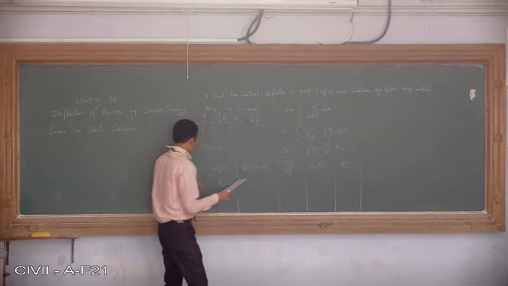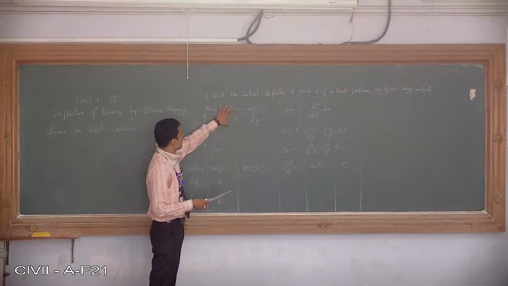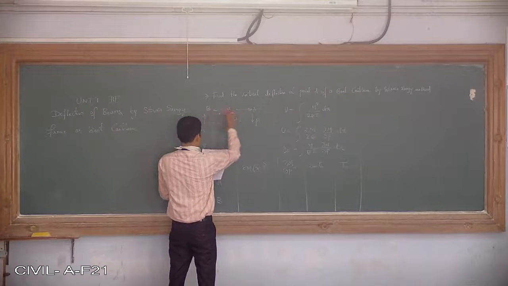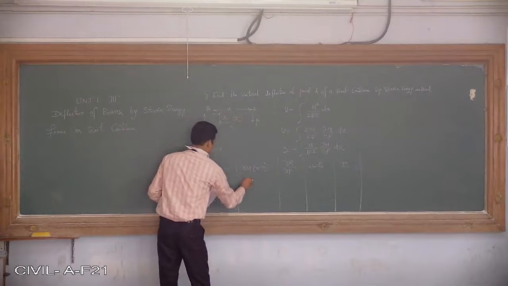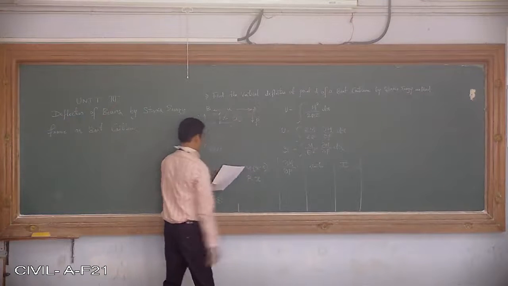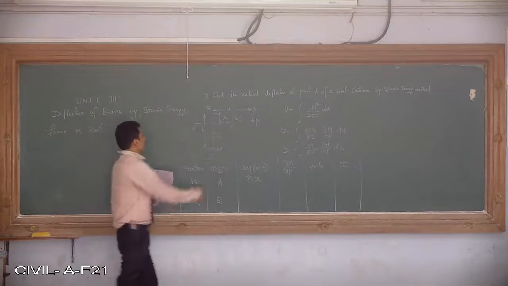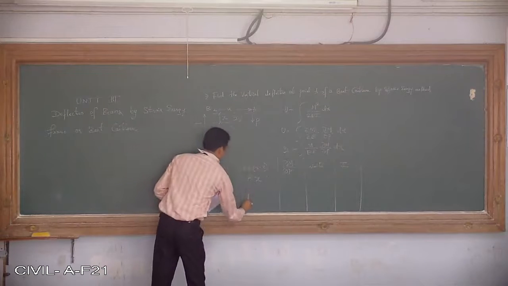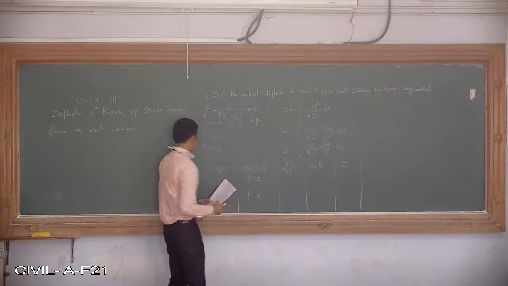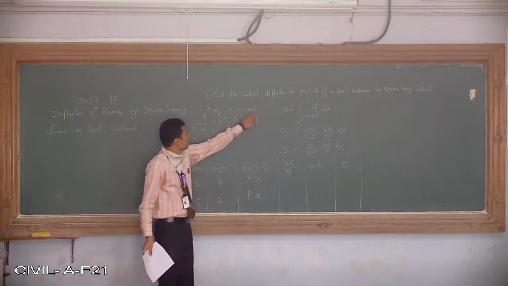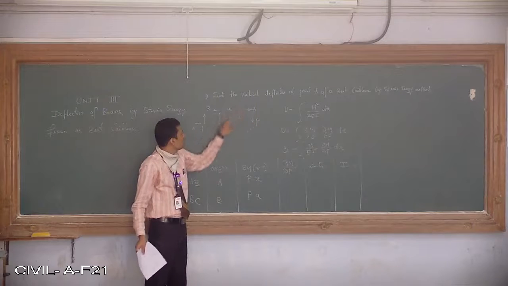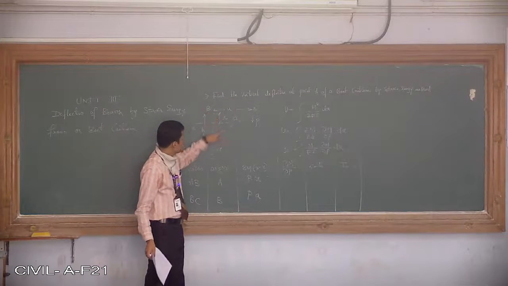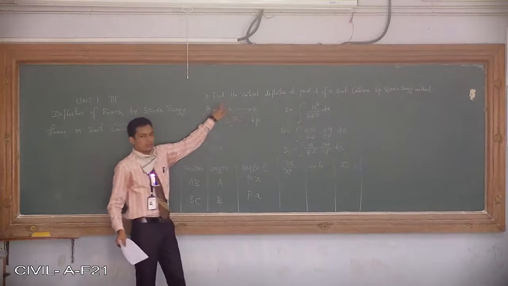Bending moment at XX for the AB section, your moment about A in this section will be P into X. If you take the BC portion, it will be P into a. With A as the origin, the moment about A will be P into X. The moment about B in the BC portion will be P into a.